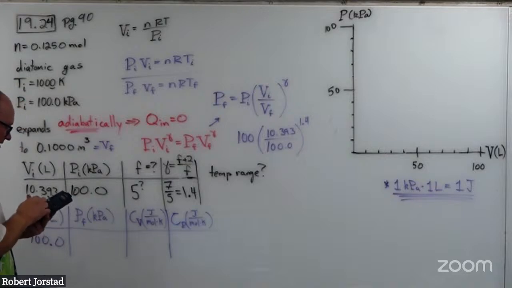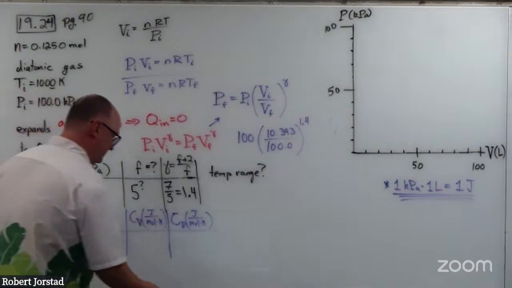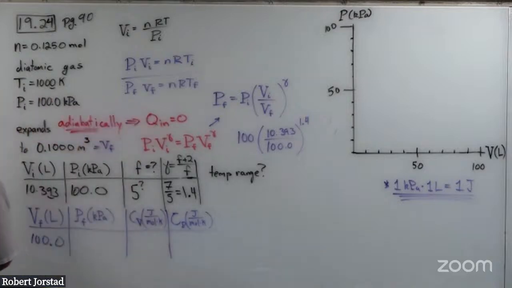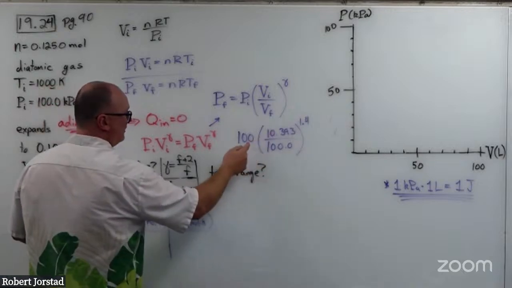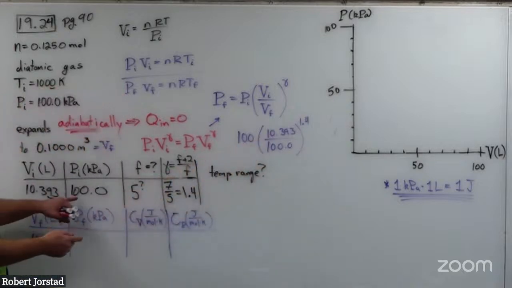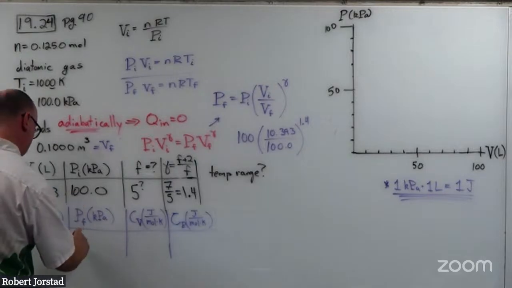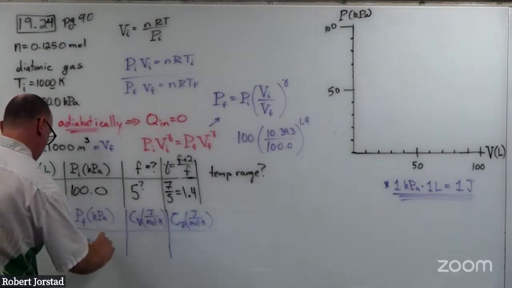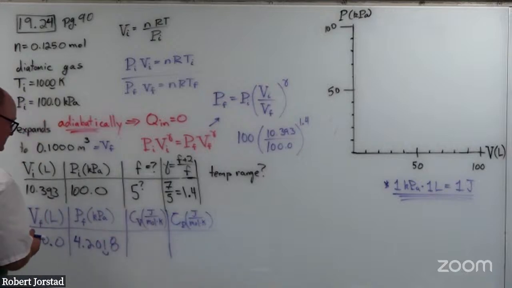I'm going to raise that to 1.4. Then I'm going to multiply by 100. And I got 4.202 or so. How many sig figs? 4. This one had 4. So I guess I better write it to an extra digit. 4.2018 kilopascals. All right, and that matches up to what I had found earlier.